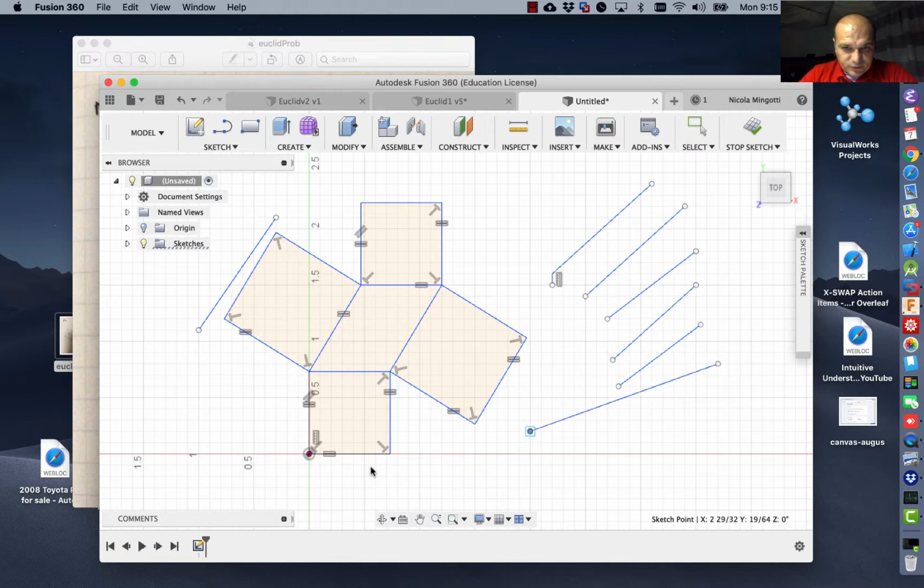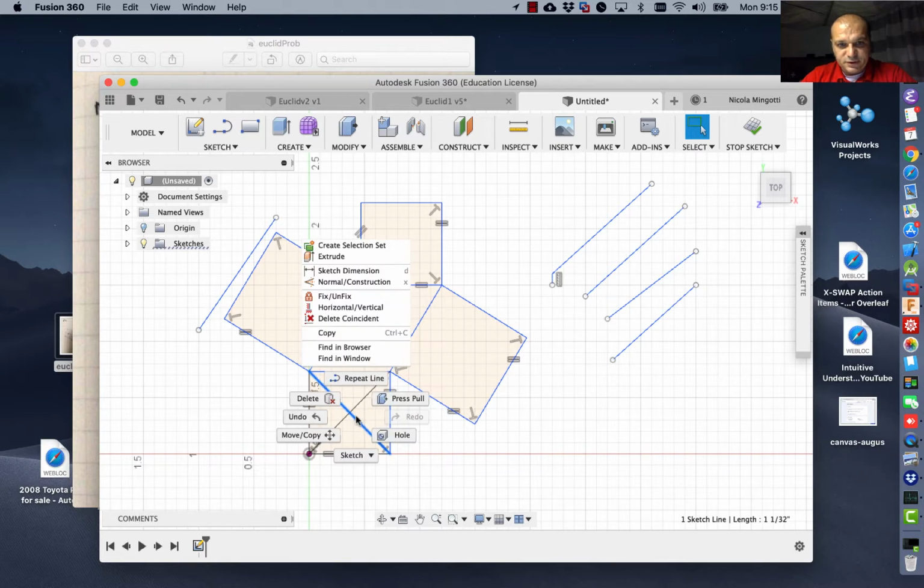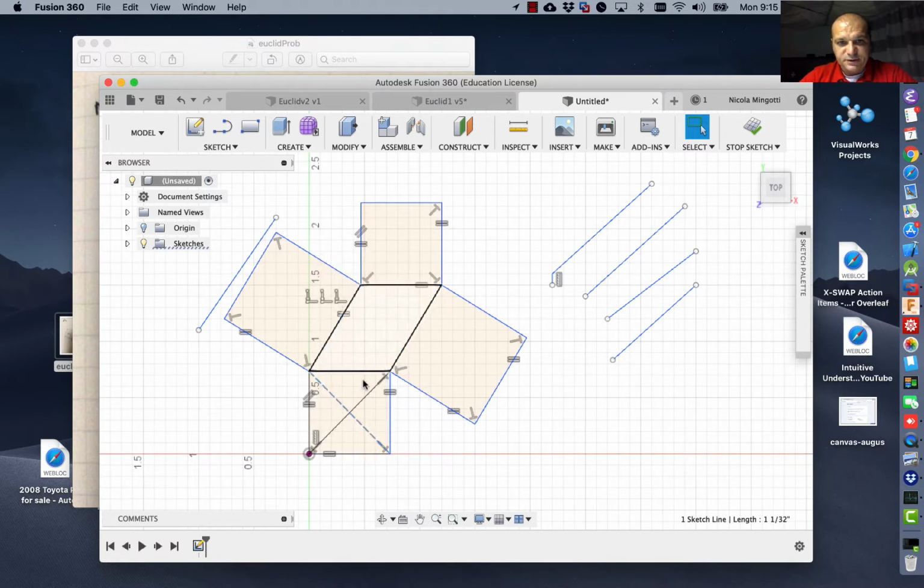So we need the center of this square. We mark this as a construction line: I press X and this is also a construction line.